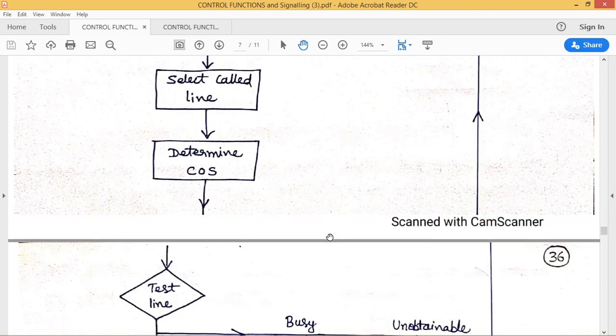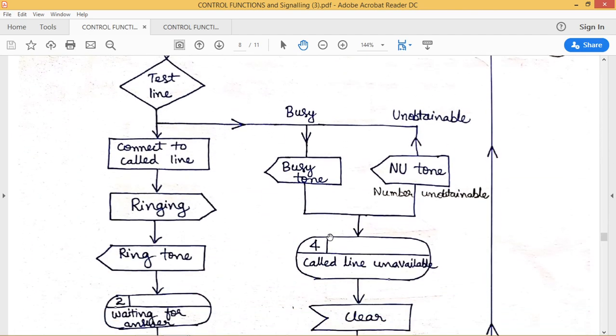Otherwise, if the called person is free, then a connection will be established, connect to called line. So from the exchange, a connection must be made to the called line. After establishing a connection to called line, a ringing signal, or alert signal, will be sent.